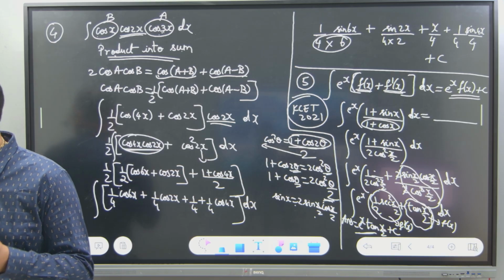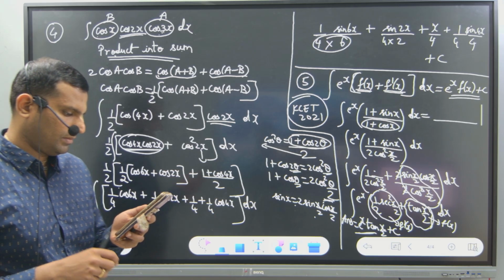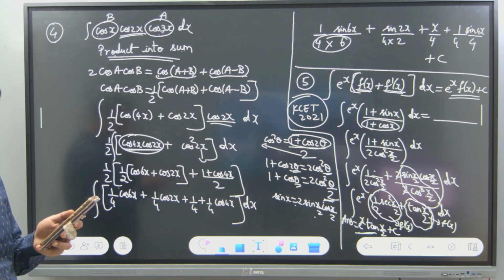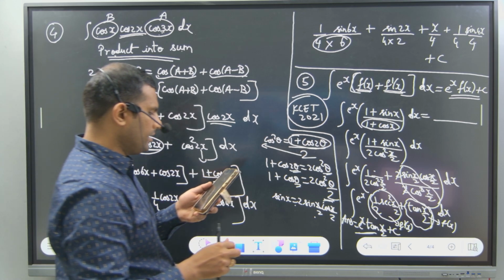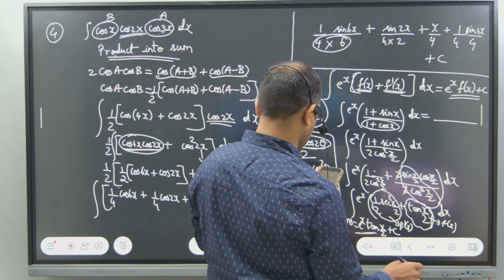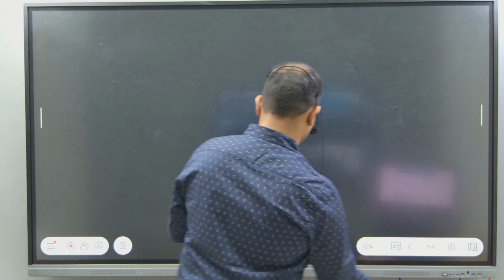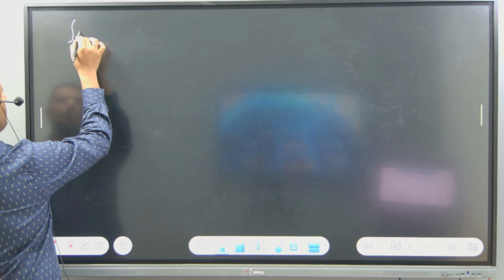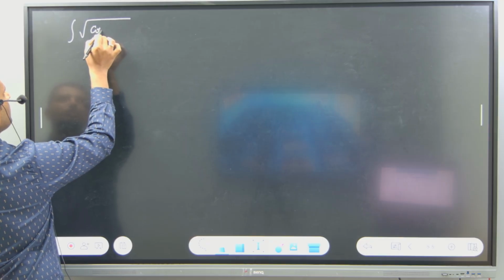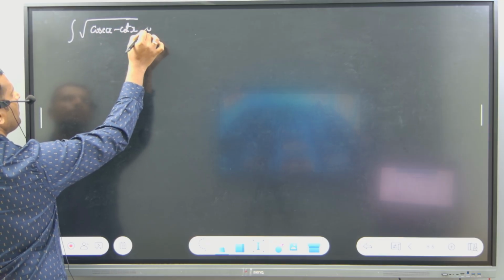Yeah, one last question and then we'll stop. Done, students? Yes, sir. Okay. One more previous year CET question. Integral root cosecant x minus cot x dx.